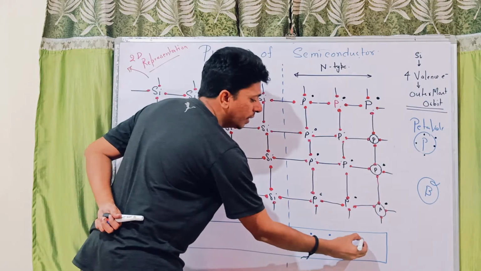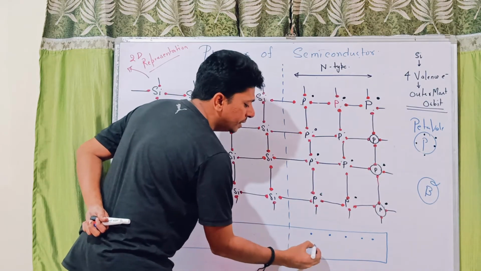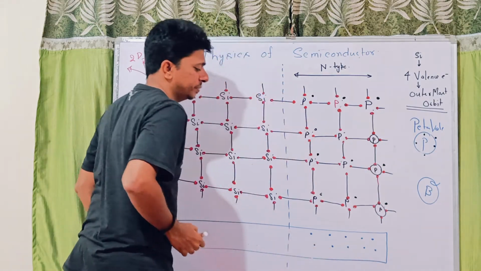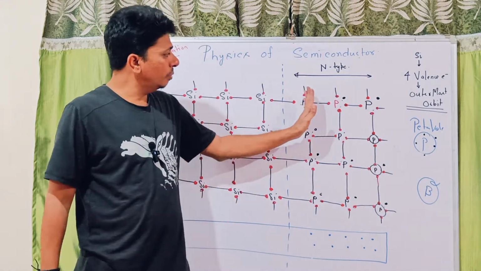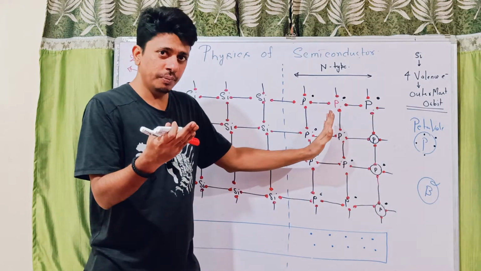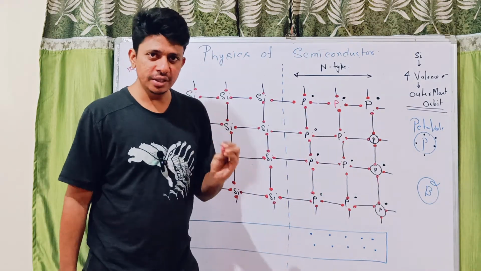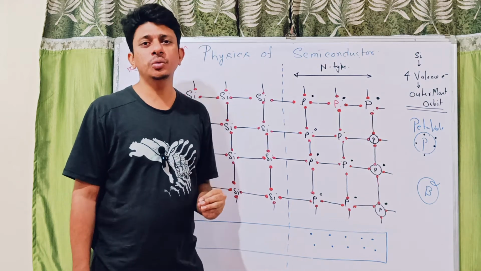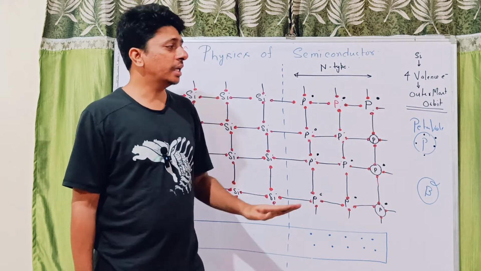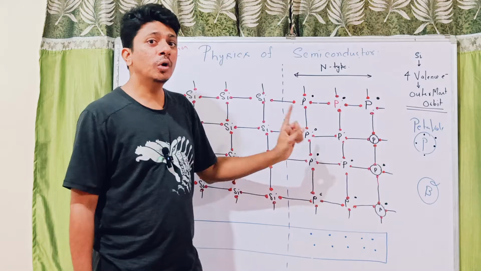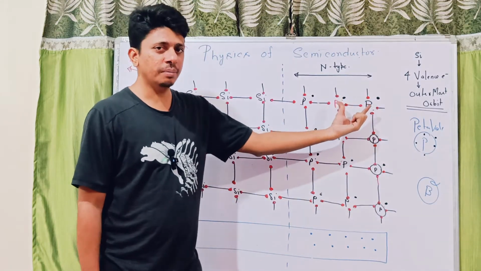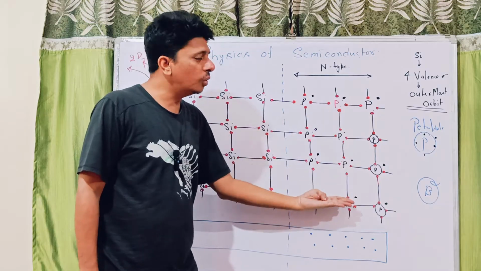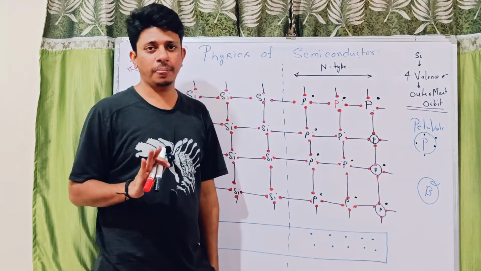So that is why this n-type region is represented like this. The covalent bonds are not shown for simplicity only, but in the back of the mind, as students we must remember that in n-type not only are free electrons present, but there are so many covalent bonds still present.